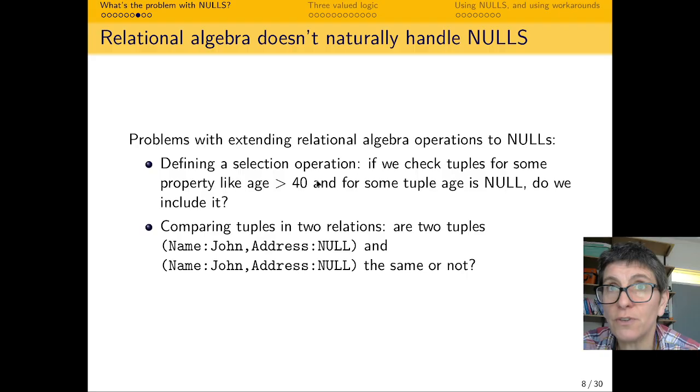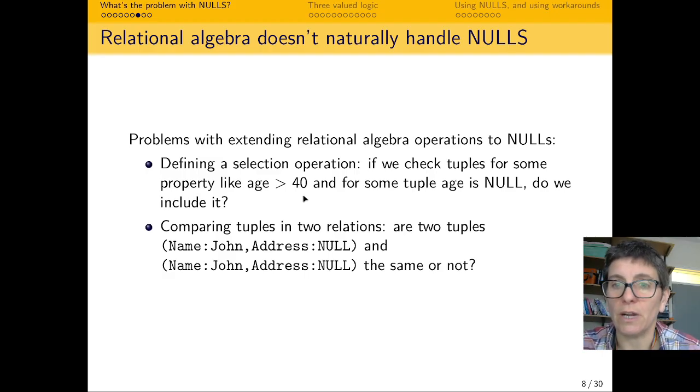So if you're doing a selection operation and you're looking whether age is greater than 40, and for some people age is null, do we include those people as being over 40 or under 40? We don't know, right?